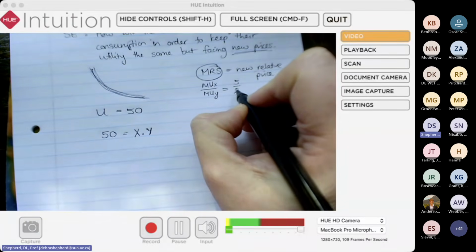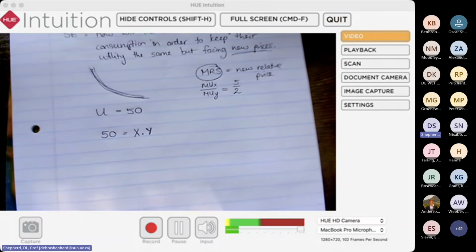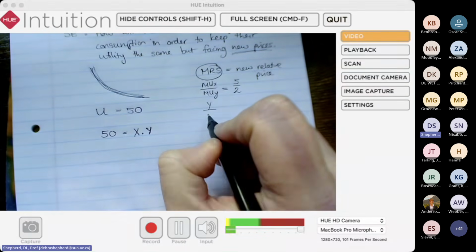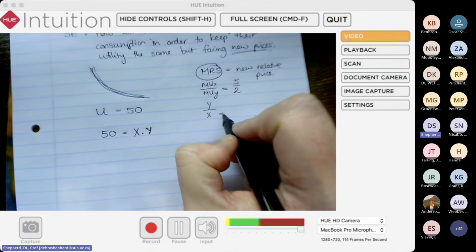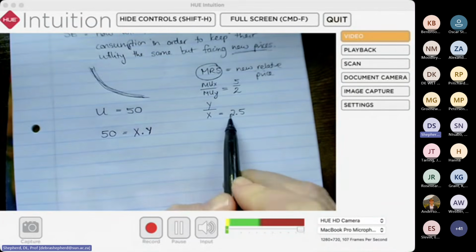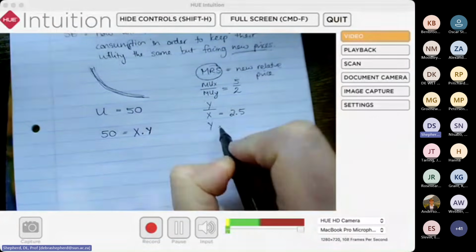The price of y stayed the same, which is 2. Okay, so we know that MUX is y and MUY is x. So we have this: y over x must be equal to 2.5. So y must be equal to 2.5x.